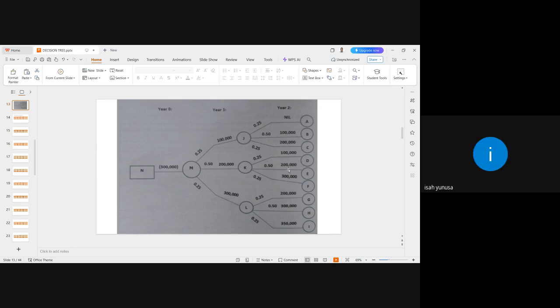DEF, to determine K. So your NPV for D is what? 35,600 multiplied by probability 0.25. 8,900. Yes, 8,900.